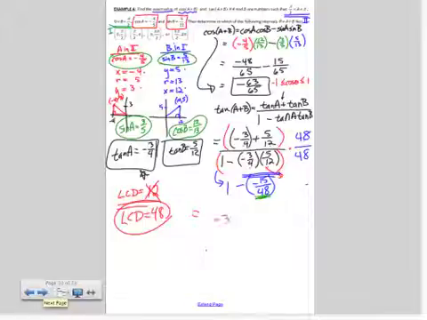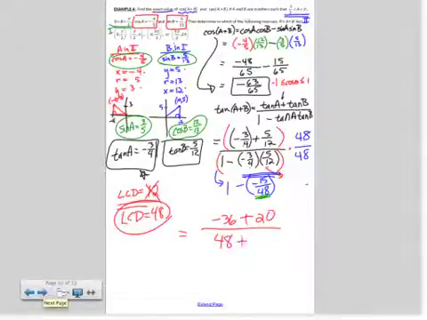So -36 plus 48 divided by 12 is 4, times 5 is 20, over 48 minus. And minus a minus, let's make that a plus, 15. And then that's going to cancel. Okay? All right, so -36 plus 20 is -16 over 63.